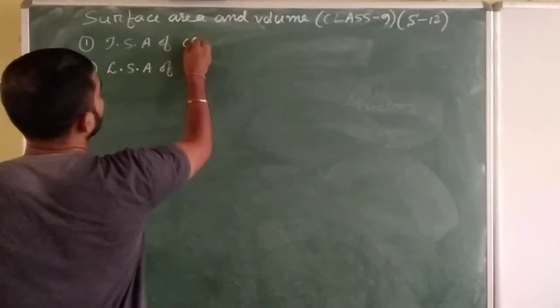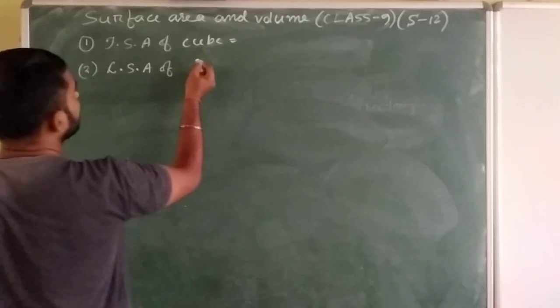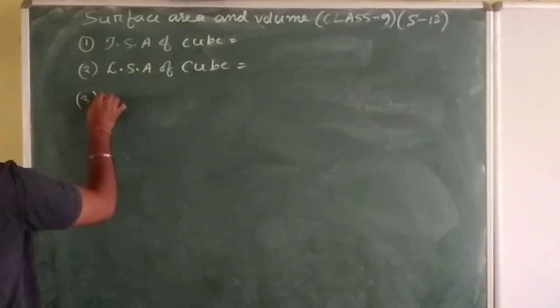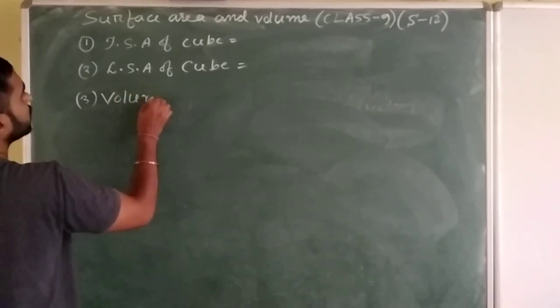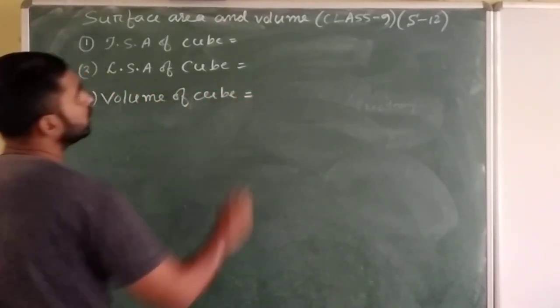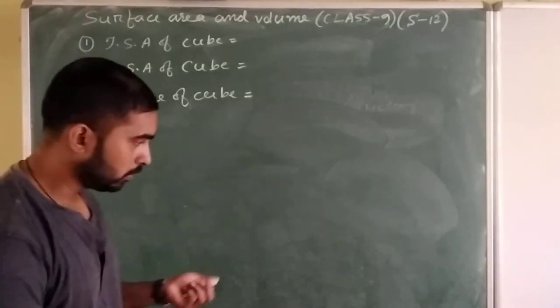Total surface area of cube, lateral surface area of cube, then volume of cube. Now let me give an example of a cube.